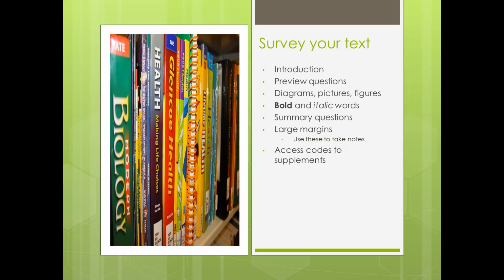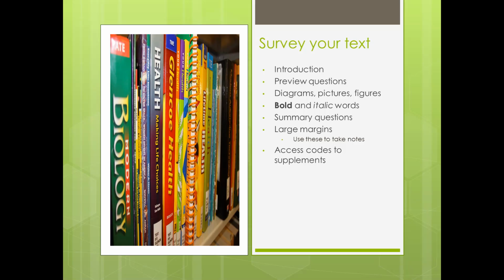Instead, flip into the chapter or through the book and look for interesting diagrams, pictures, or figures that might appear. Then go to the end of the chapter or section that you've been assigned and read any summary questions or review questions that might be present at the end.